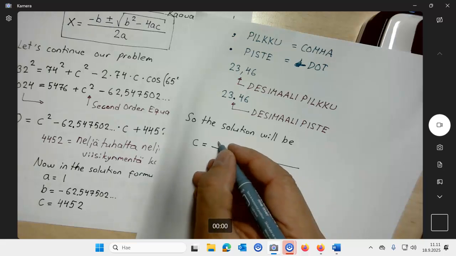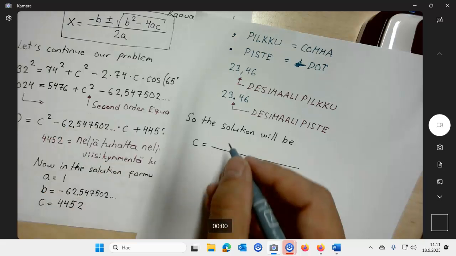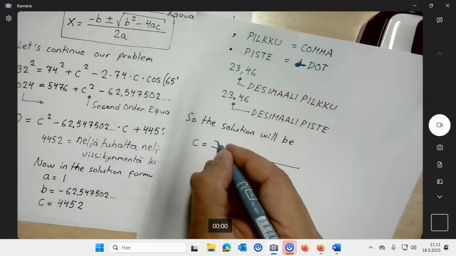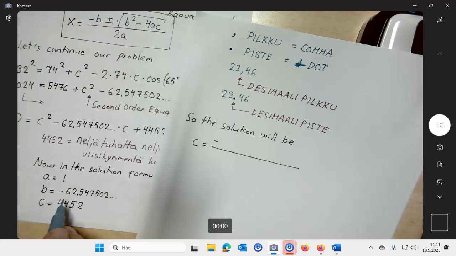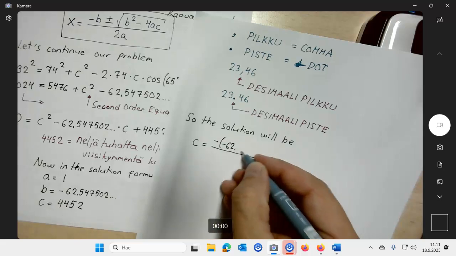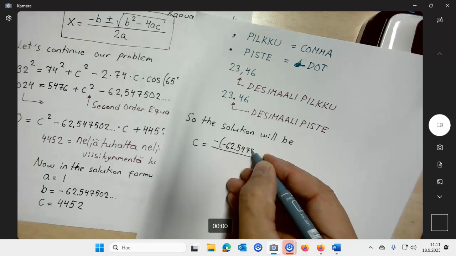In this case, I will write this exactly how it is written in the formula. There is a minus sign there, and after that there is this b. So I will put these brackets there. It would be like this.